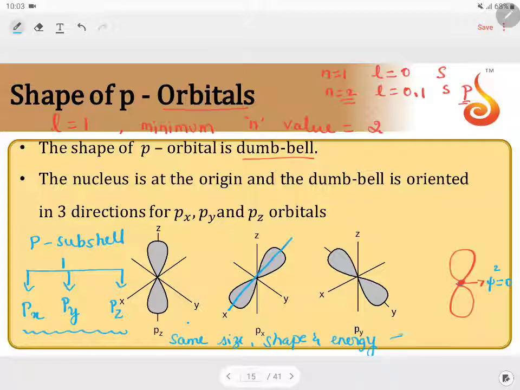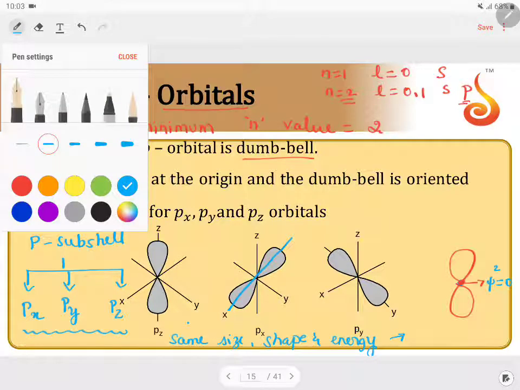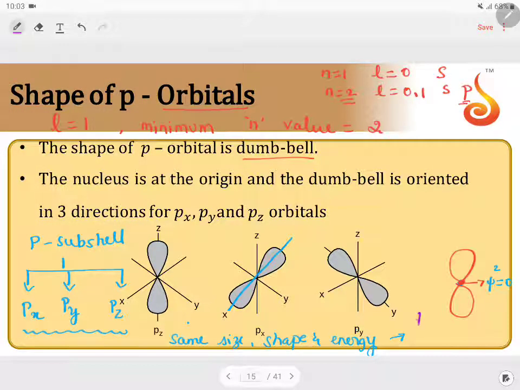Therefore, they are known as degenerate orbitals. Why are they known as degenerate orbitals? All the three orbitals of the same subshell. Degeneracy is for a subshell. That means in a subshell, if all the three orbitals have same size, shape and energy, such orbitals are known as degenerate orbitals.